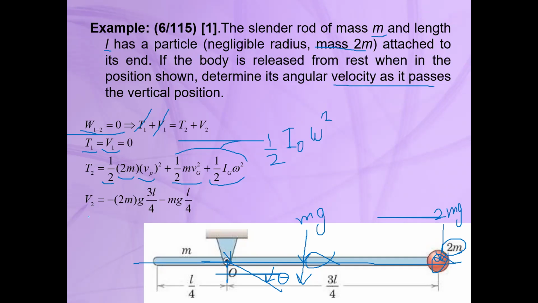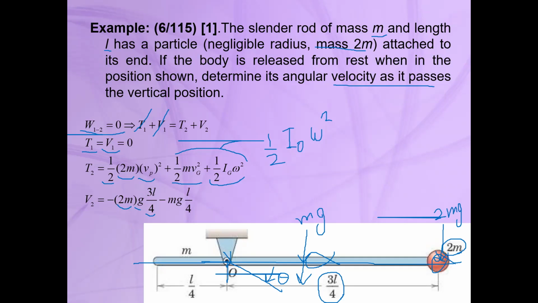We need the potential energy in the final position, when the mass 2m is located under the point O, or the rod is in vertical position. The particle of mass 2m is located 3L divided by 4 under the datum level, so we have minus 2m times g times 3L divided by 4.